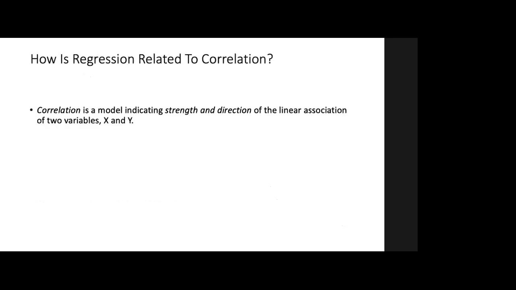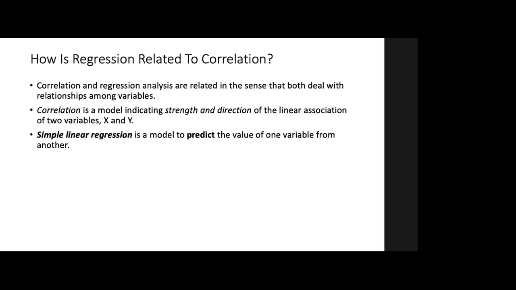So how is regression related to correlation? Correlation and regression are closely related in the sense that they refer to a similar scope of analysis: they both deal with a relationship among variables. In simple regression and correlation, we are talking about relationships between two variables.